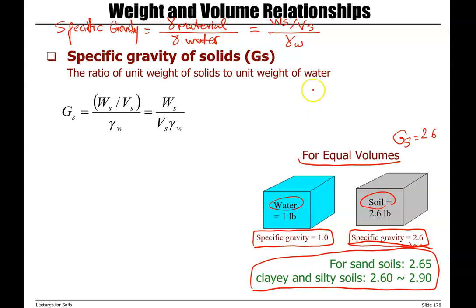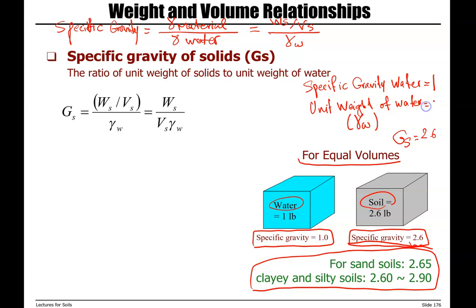So the specific gravity of water is 1. The unit weight of water, for which we use gamma W, is given to us.